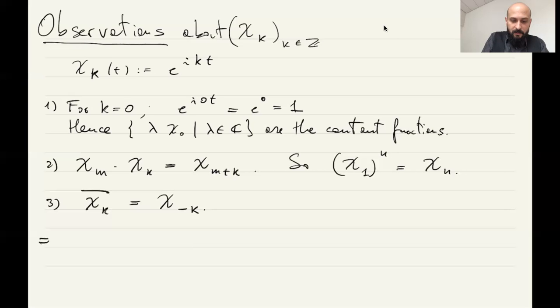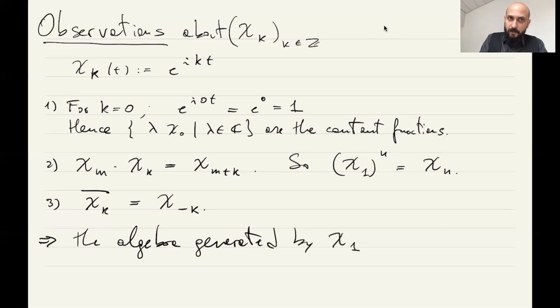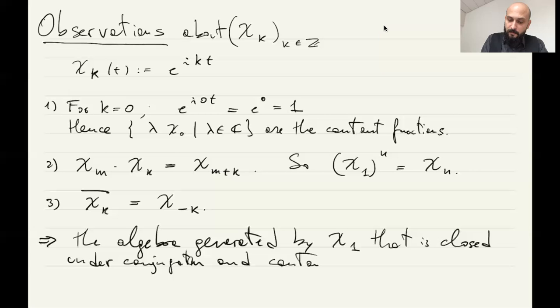So what we get is that the algebra generated by e_1, that is closed under conjugation and contains the constant functions, this is exactly the set.